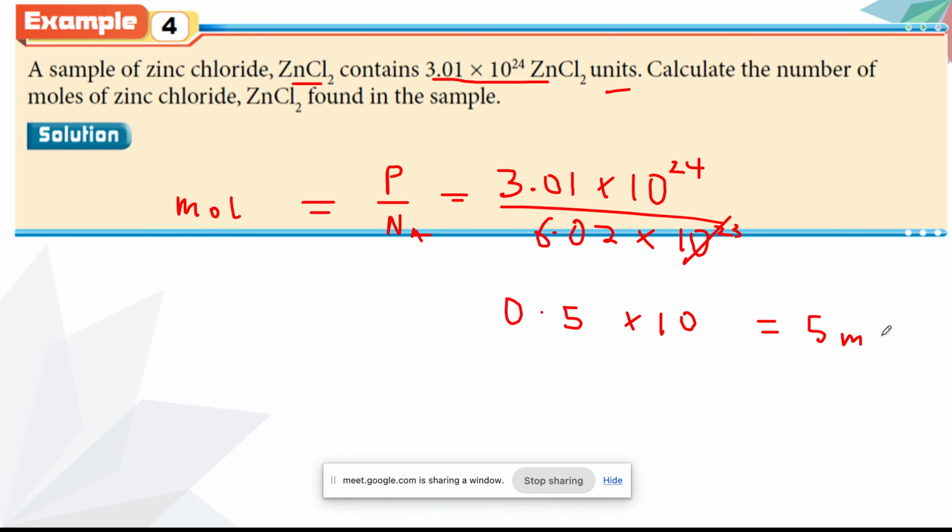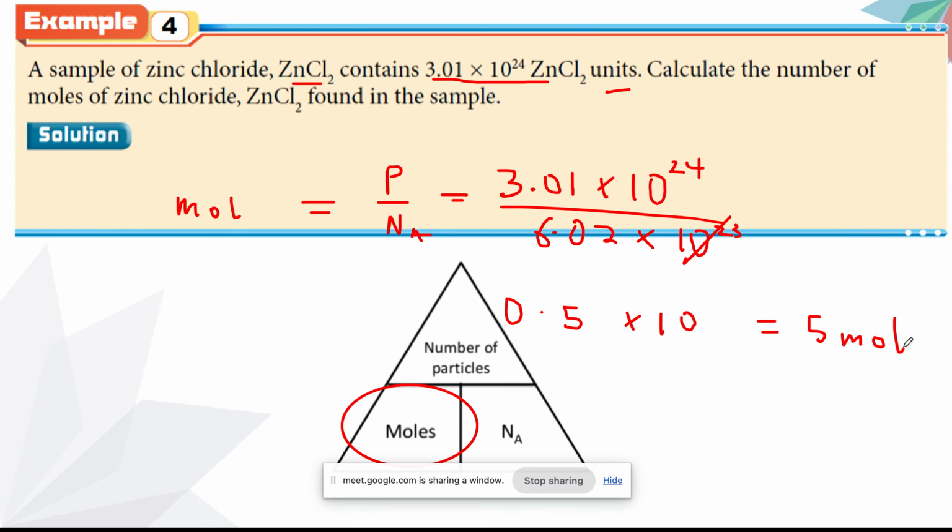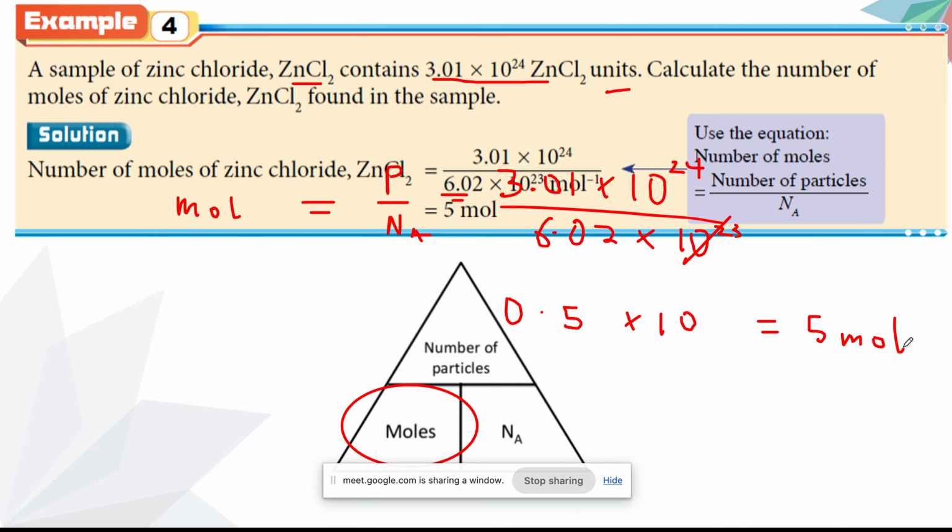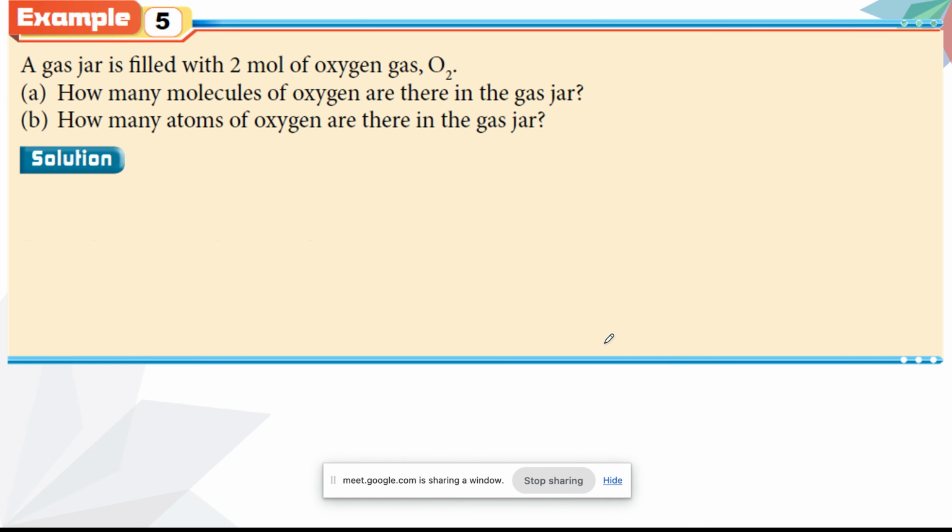So 3.01 times 10 to the power... 5 moles. Okay? So you need to pause and write all this in your notebook and enhance your calculations and your studies. Okay? So we go to another example.